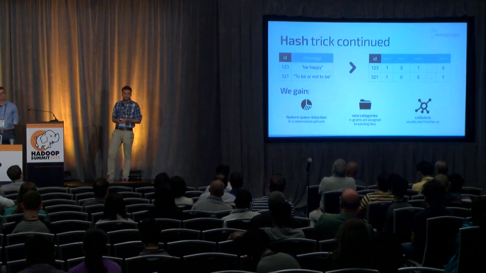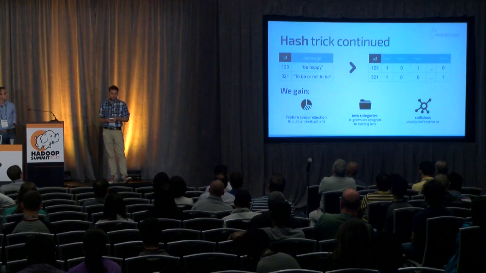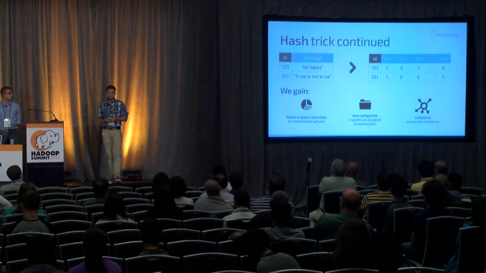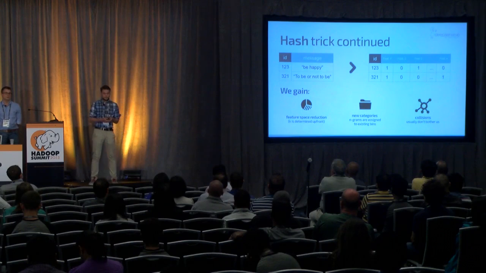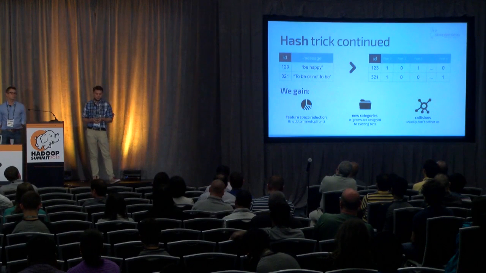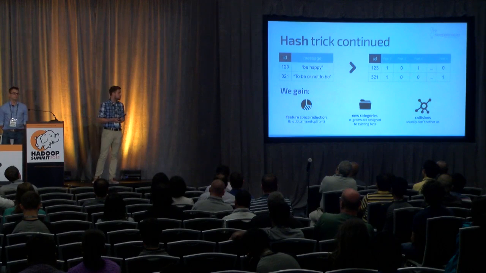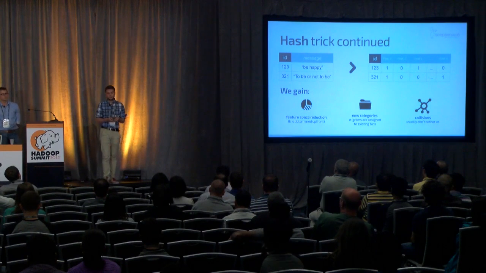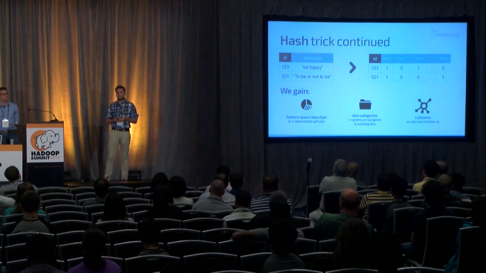Obviously, in this approach, some collisions will occur, especially if k is much smaller than n, the number of possible bigrams, say, or the number of categories. But this is usually not a problem, because empirical data shows that such collisions usually do not impact the performance of the algorithms in a significant way.